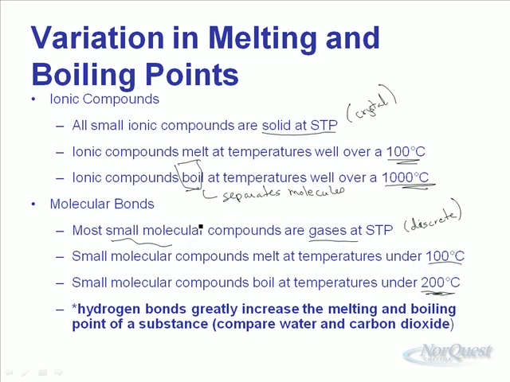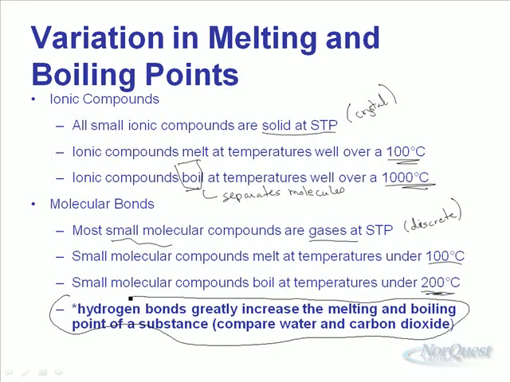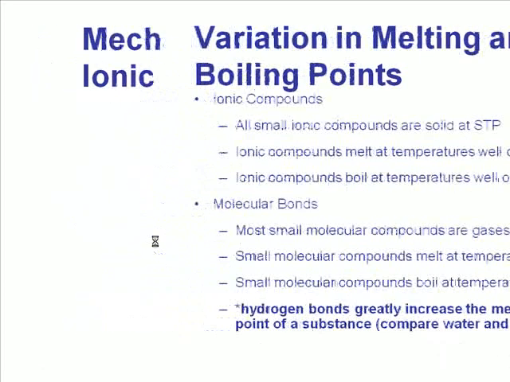Even the ones with hydrogen bonding are boiling and melting at relatively low temperatures when you compare them to ionic compounds. It is important to note that this hydrogen bonding attracts molecules to each other. So if molecules have hydrogen bonding, they're going to be attracted to each other. They're going to melt and boil at higher temperatures.